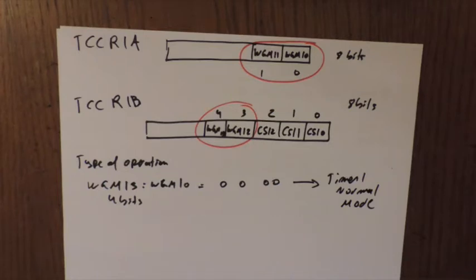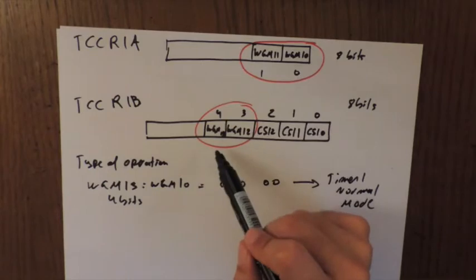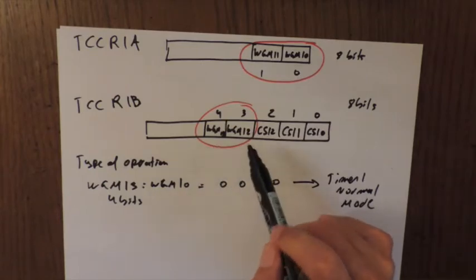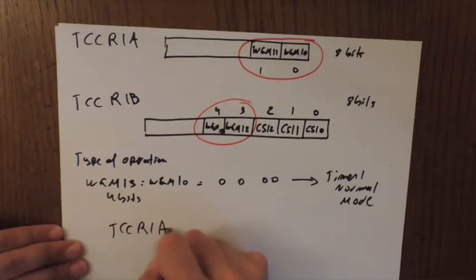This can be PWM or CTC, capture compare, PWM with 8 bits, 9 bits. So we have many ways to configure timer 1. But in our case, we're just going to use the normal mode. So we can conclude here that TCCR1A, we're always going to set to 0.